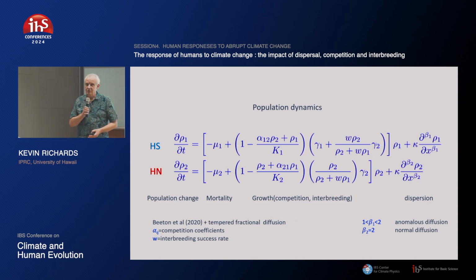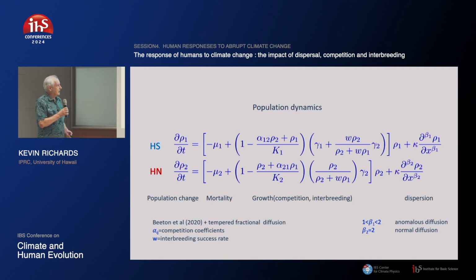I said we're going to use a relatively simple population dynamics model. What we have here are equations for the populations of Homo sapiens and Neanderthals. Changes in these populations are given by the difference between growth and mortality.